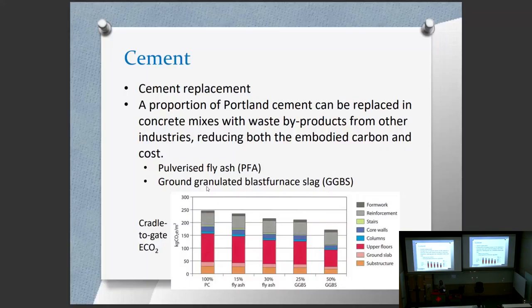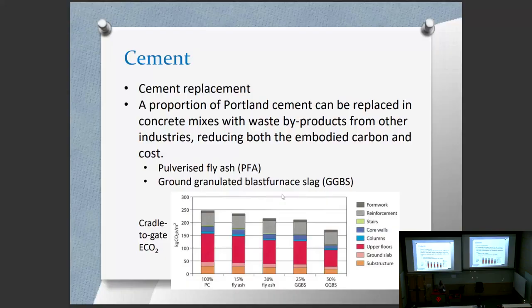It is also a waste byproduct from the production of iron. So for the production of iron, this kind of fine powder will be produced as a kind of waste. So we may once again mix it with the Portland cement and then reduce the carbon emissions.